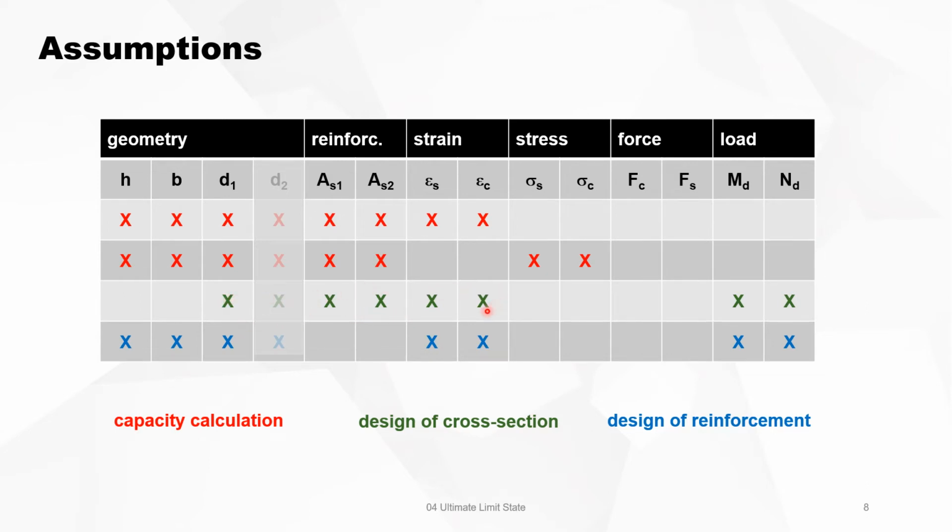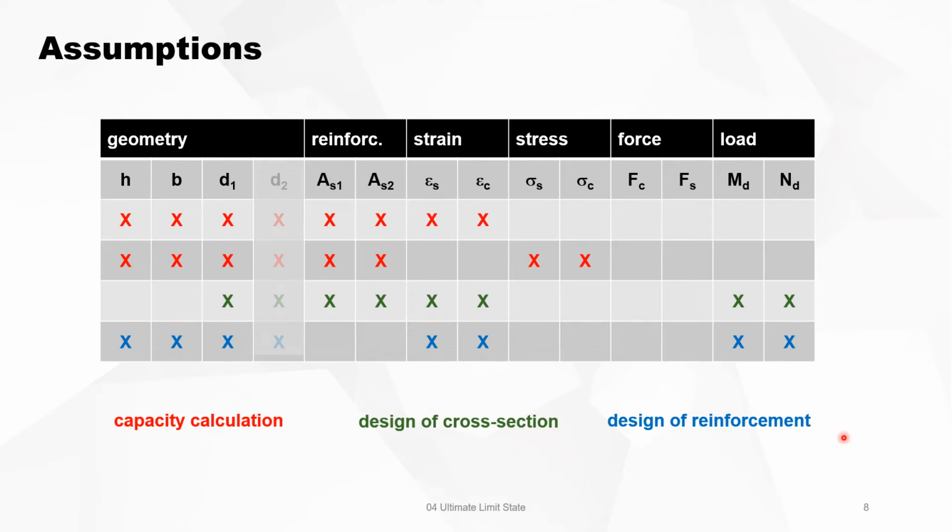And now you will see that you need additional information. You need D1 and D2. You need D1, so it means that you need the concrete cover. You need a reinforcement. And if you got that, you must make an assumption again for the strain, and then you can estimate the needed height and width of the beam.